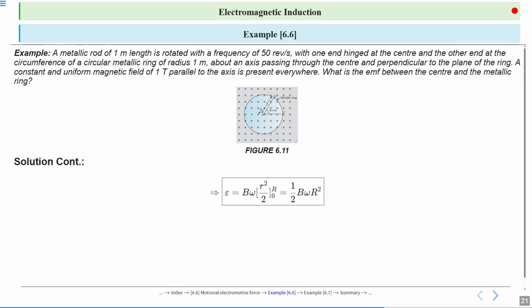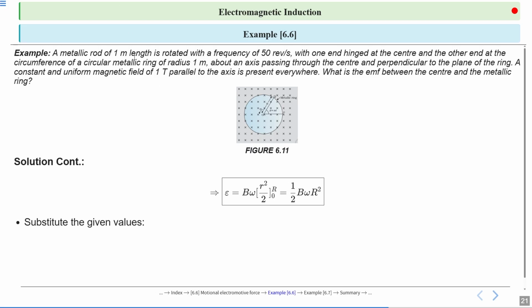So epsilon equal to B omega, and the integration of r dr will be r square upon 2. With limits from 0 to capital R, this equals half B omega R square. This is the expression for rotational EMF. For any rod of length, or we can say radius, this R can be replaced by the length also.